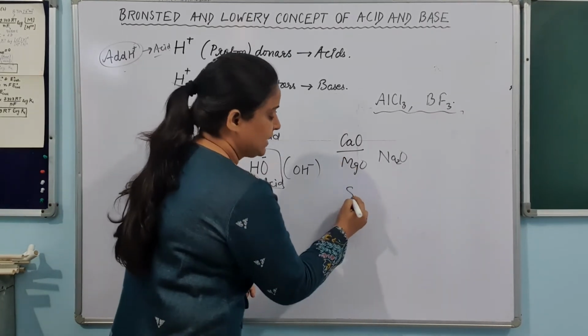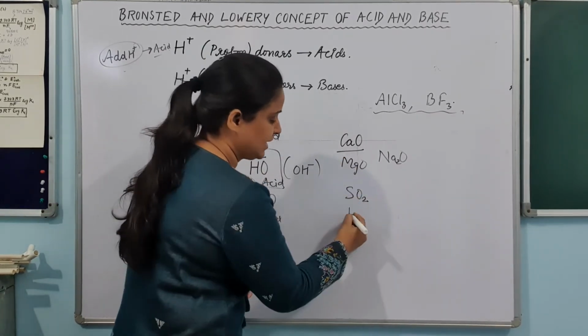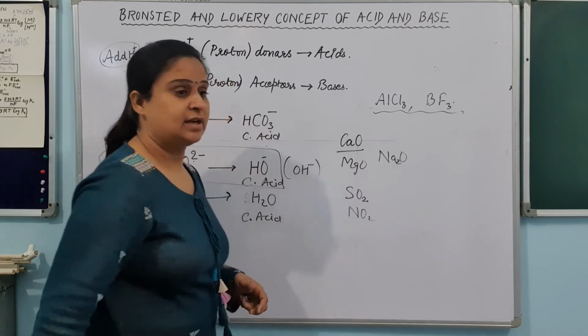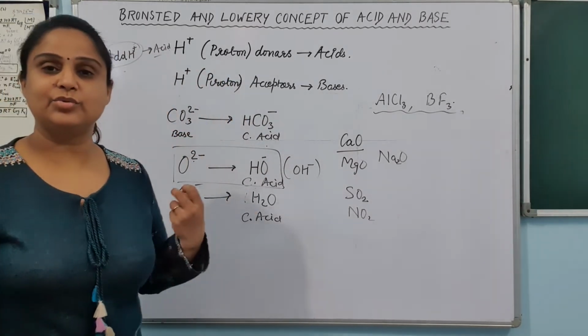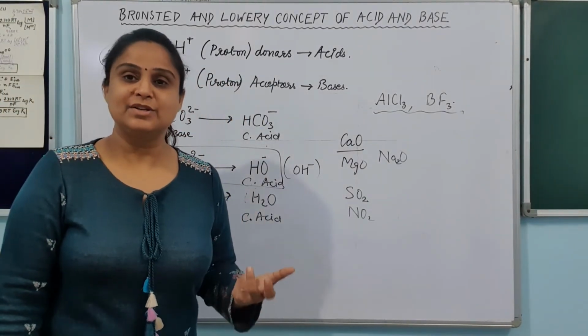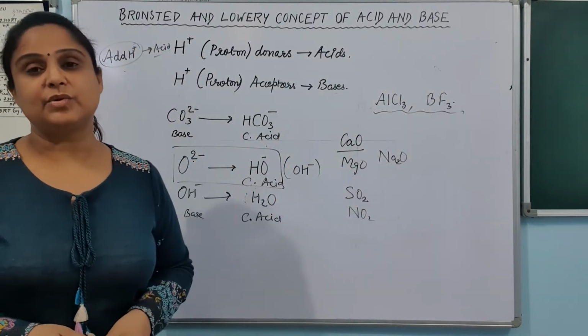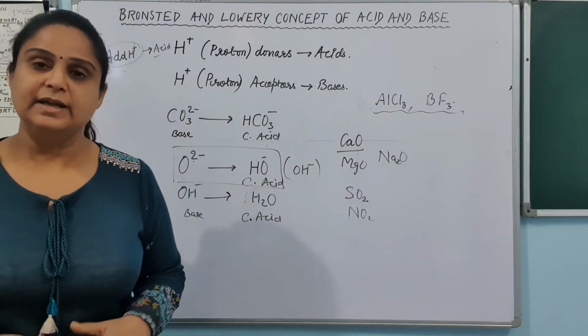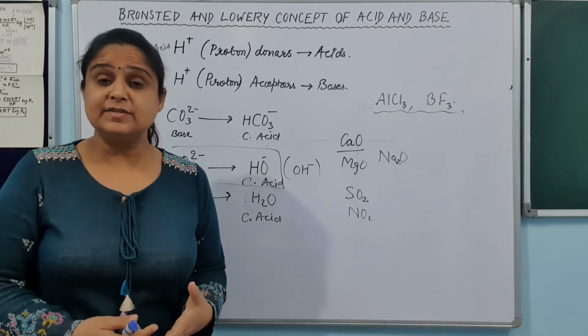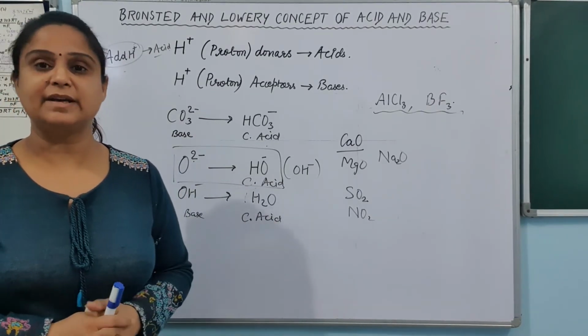On the other hand, it could not explain the acidic behavior of sulfur dioxide and nitrogen dioxide, because they do not accept or lose protons. So these are some limitations of this Bronsted and Lowry concept, but it can explain many of the things which were not explained by the Arrhenius concept.